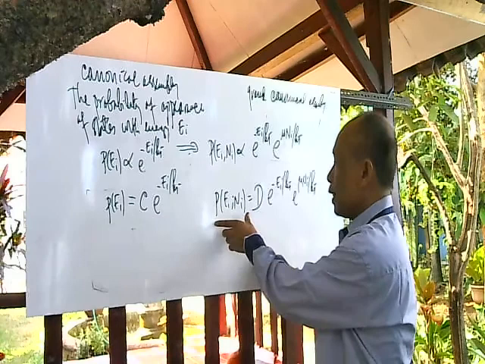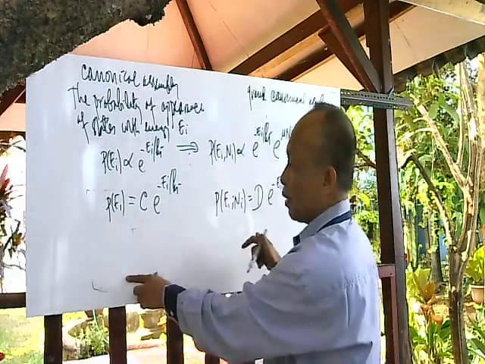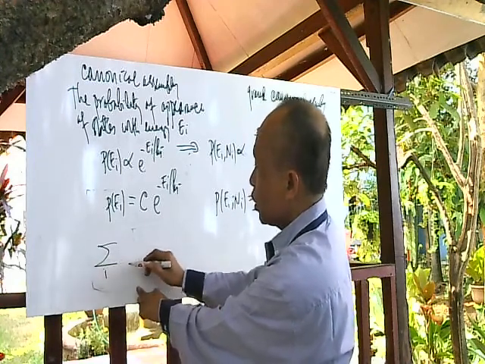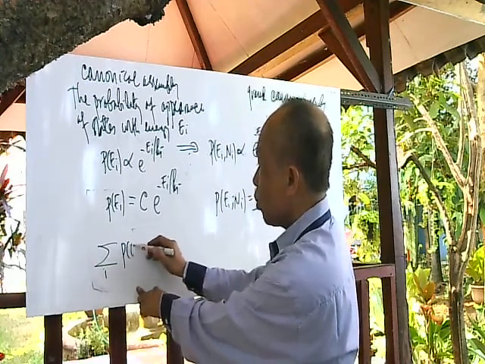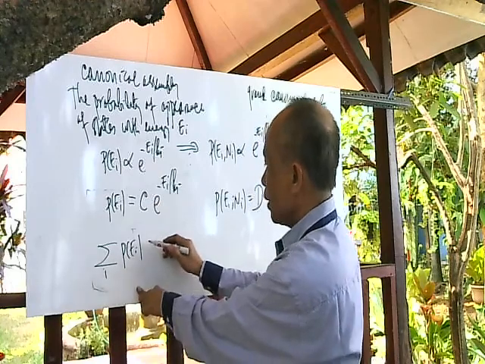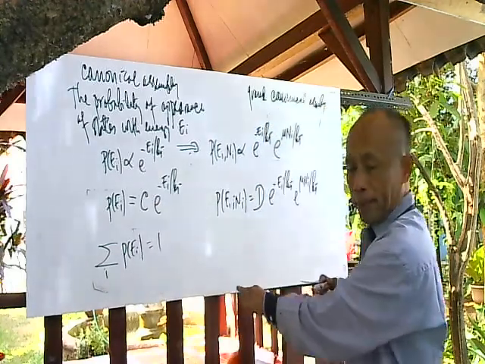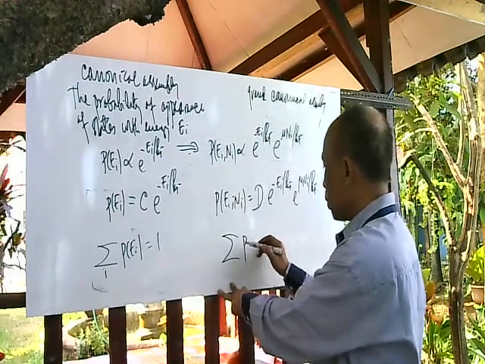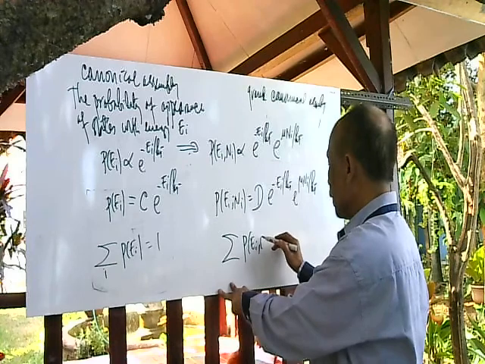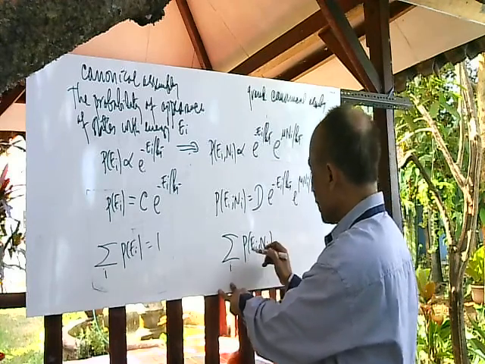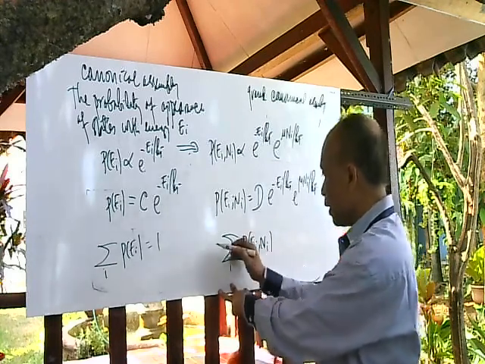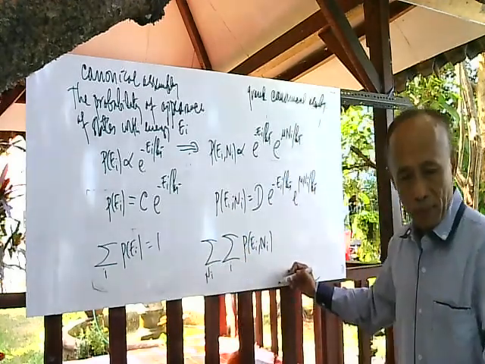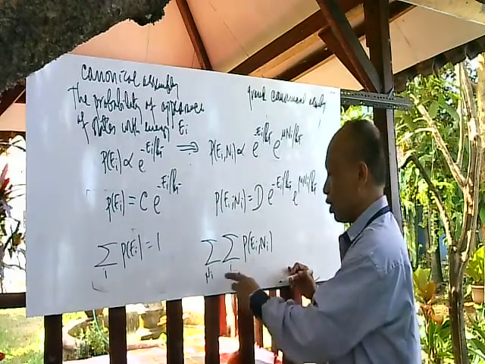This is the probability, and by the definition of probability, if we sum the probability over all possible states, this becomes 1. Similarly, we sum over all possible Ni. Because it is a summation over Ei and Ni, we have to do a double summation, the summation over i and the summation over N.